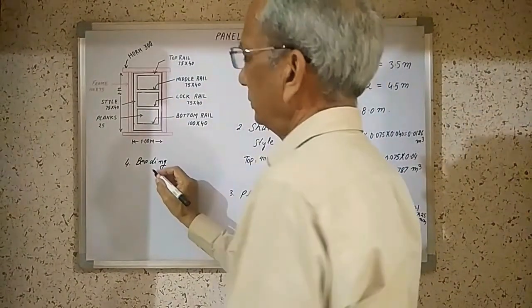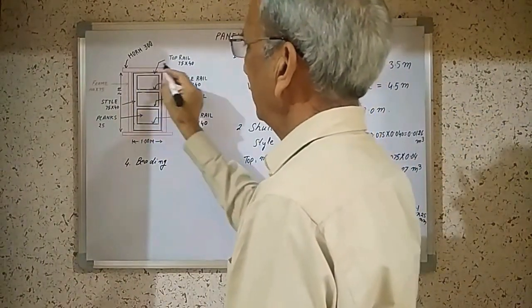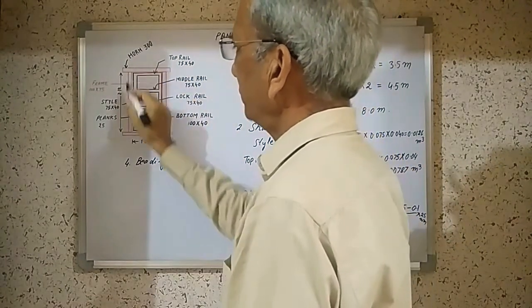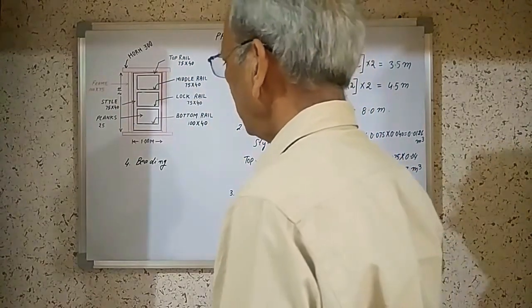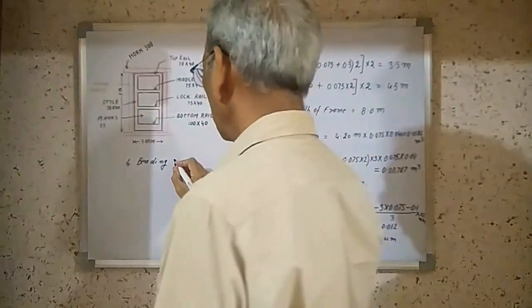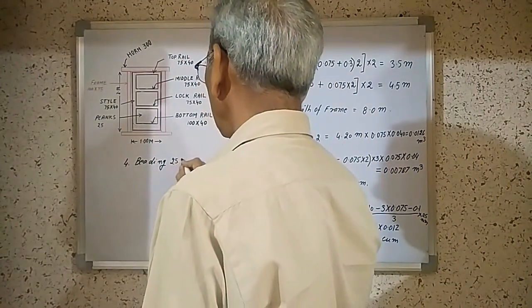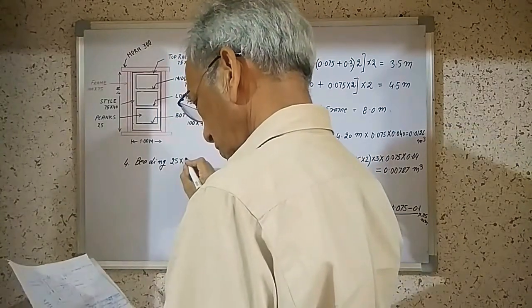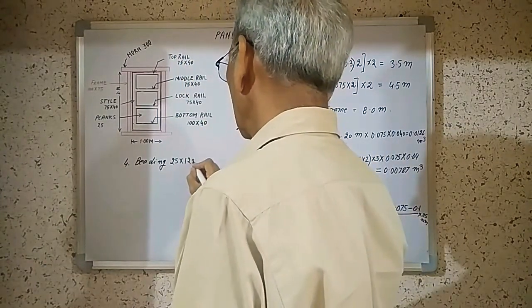Our fourth point is beading. This beading will be provided at the outside of the frame, and the size of the beading will be 25 mm by 12 mm.